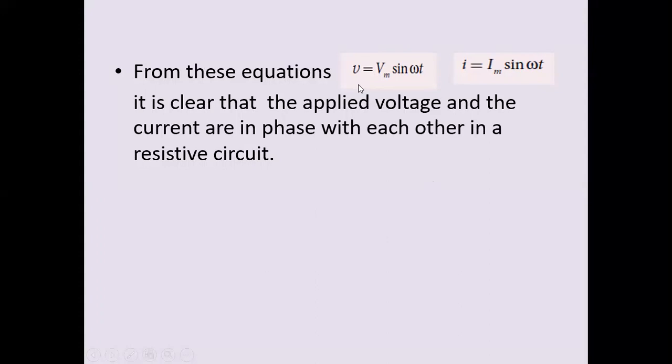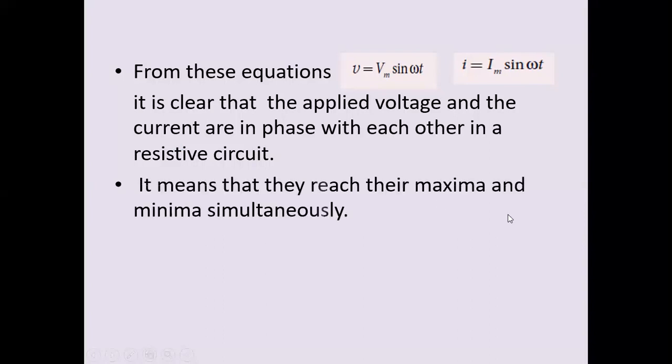An AC circuit containing pure resistor has the applied voltage and the current in phase with each other. The meaning of that is, the maximum and the minimum will occur simultaneously. That is, the peak values of maximum and minimum will occur simultaneously.